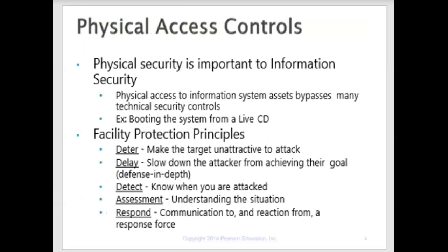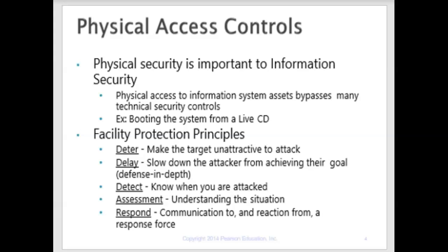So when we think of physical access control, we want to consider that as part of our solution. We want to make sure that we have this delaying system. That's what the facility protection principles are: deter, delay, detect, assess, and respond. It's all about slowing them down, deter them.